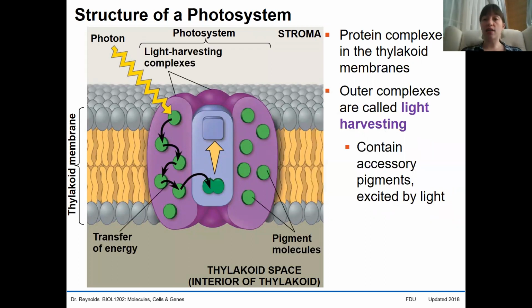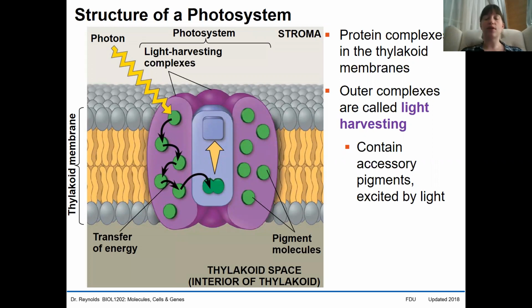So photon here represents light and the energy from that light, which is actually going to hit a pigment. These pigments, which are embedded into light harvesting complexes on the exterior of this photosystem, this pigment is going to be excited. And so that electron in the pigment is going to go to a high energy state.